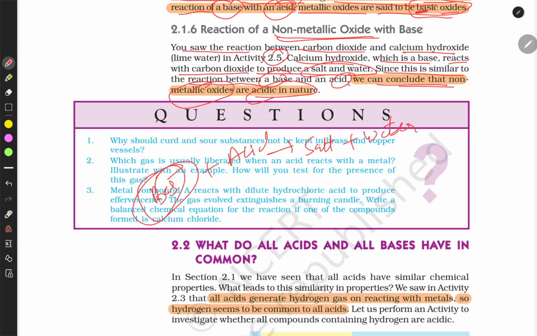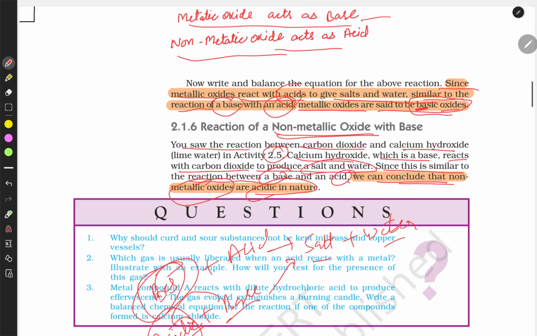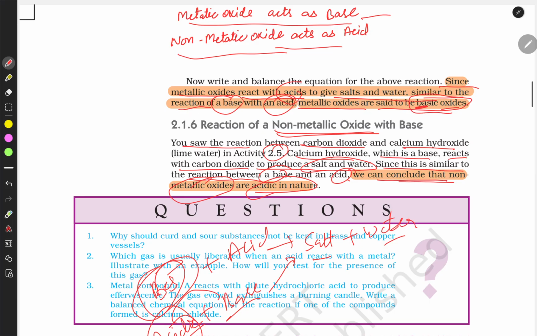And when we react something with a base and it again gives salt and water, the unknown substance must be acidic in nature. That is why the non-metallic oxide acts as an acid, and the metallic oxide acts as a base.